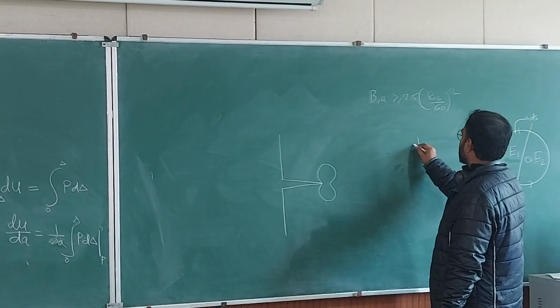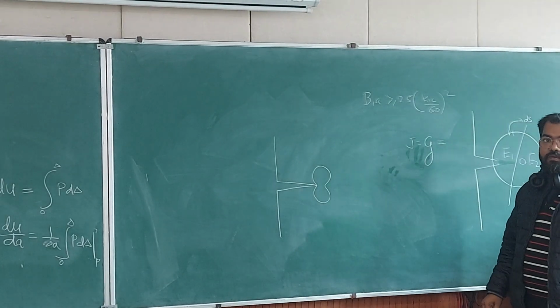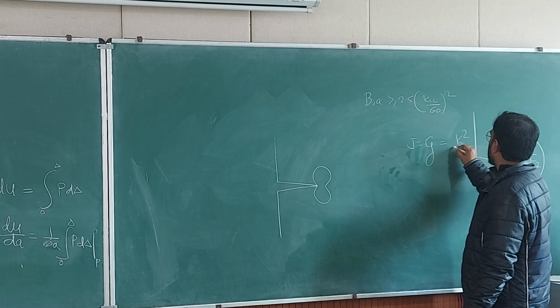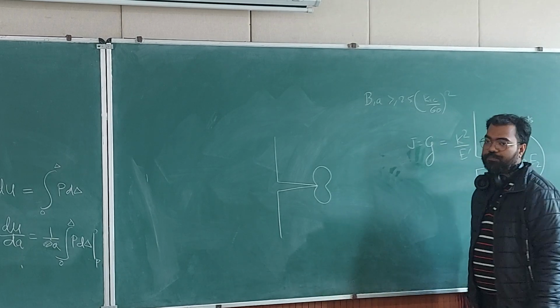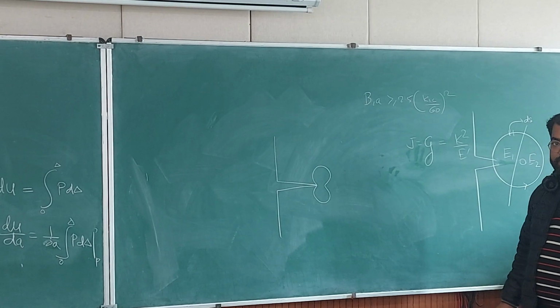And because J is equivalent to Griffith, this becomes equal to K square by E prime. Okay?